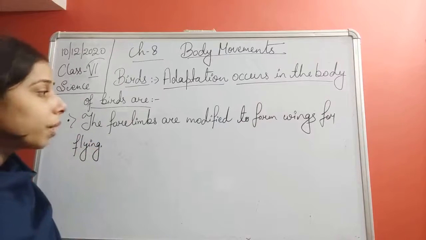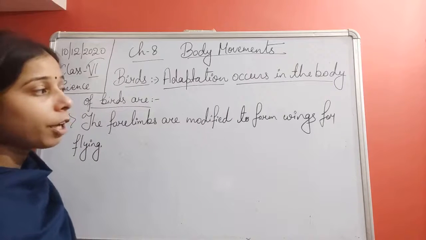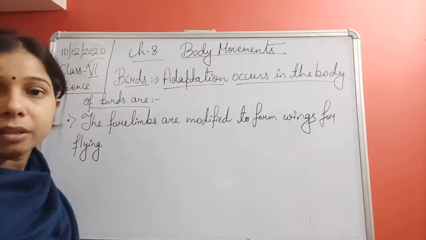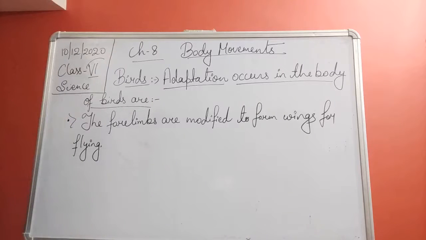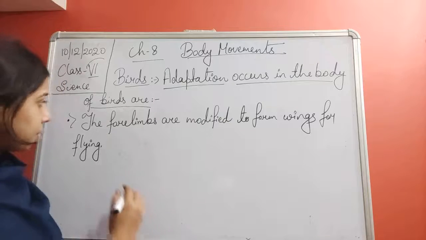So the forelimbs in the case of a bird get modified into wings, which help in the flying of the birds. The second one: the flight feathers provide a large flat surface.